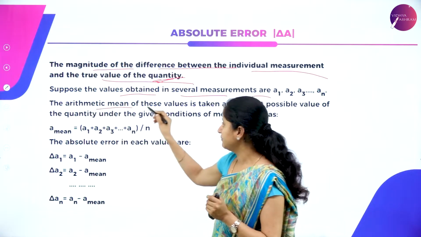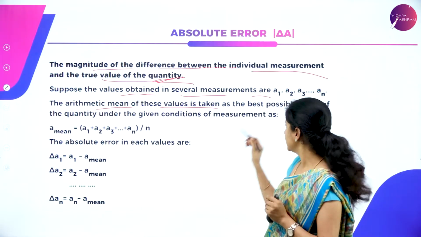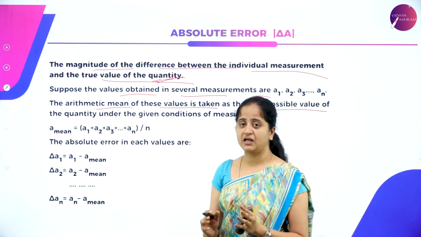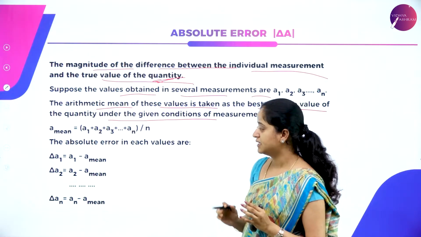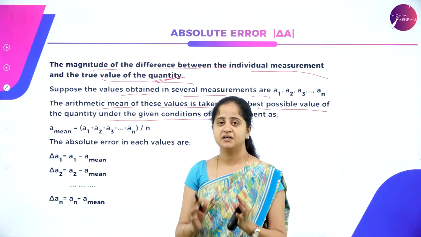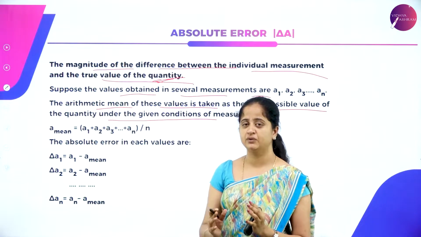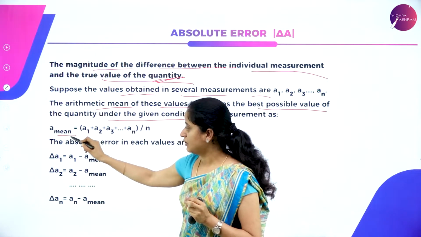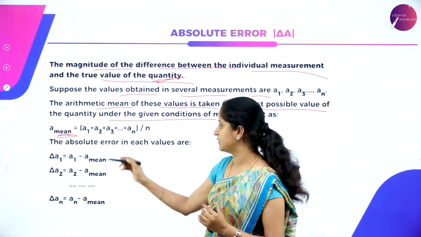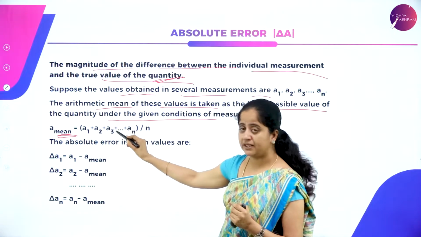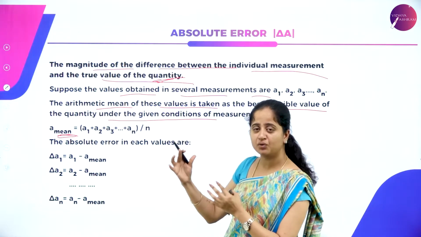So the arithmetic mean of these values is taken as the true value or the best value of the quantity under the given conditions of measurement. Let us now calculate the best possible value of the measurement, denoted by A mean, which means we are taking the average of all the quantities we have. We have A1, A2, A3, A4 and so on up to n quantities.